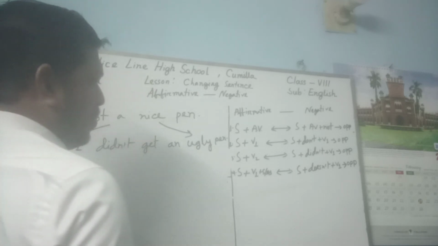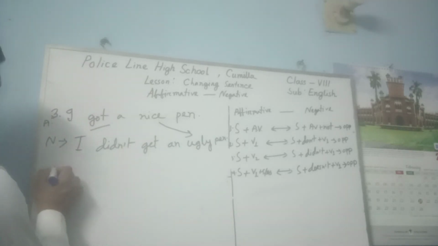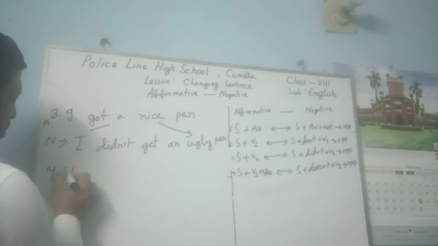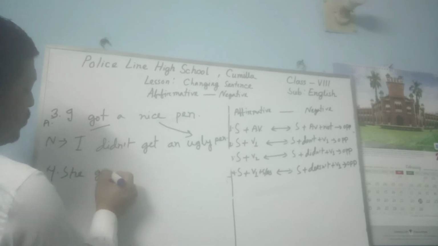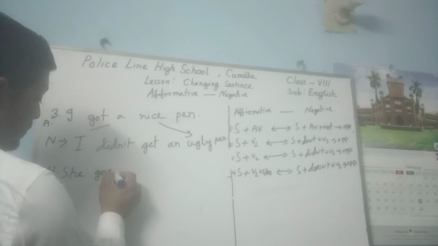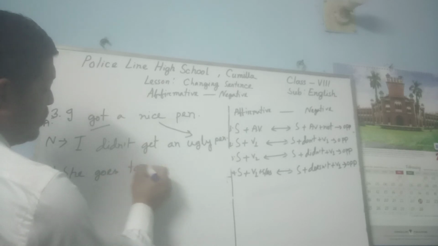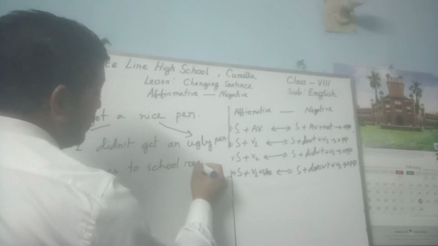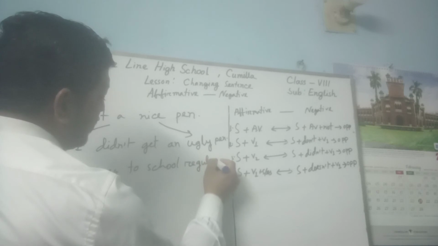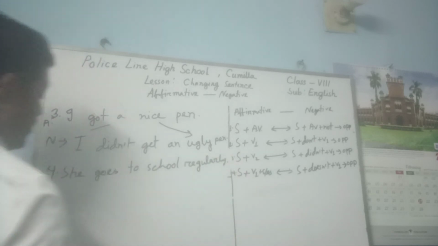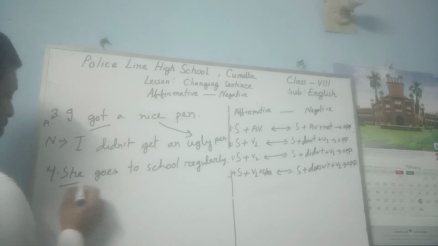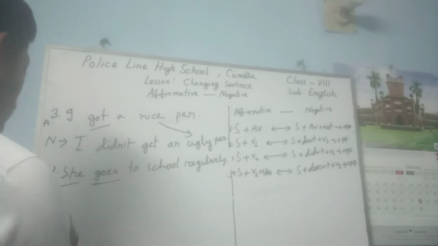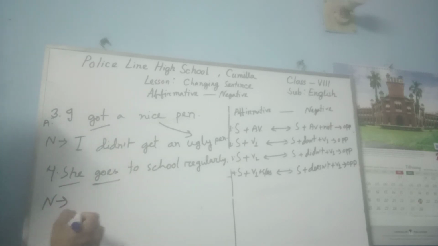Okay, now I'll show rule 4. She goes to school regularly. That is subject and that is verb plus s or es. So in negative, at first I have to write subject.